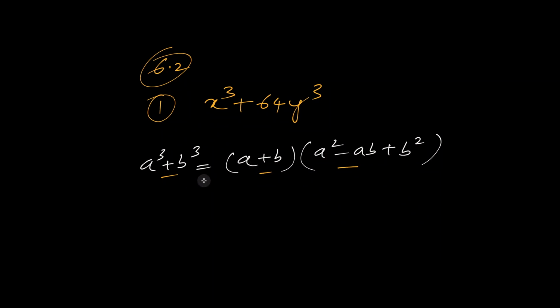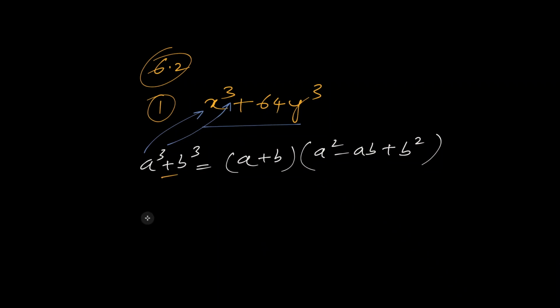And now we are going to find what is a and what is b. Now we are going to compare. First, we have to bring the question in the form of a cube plus b cube. Here we can easily correlate a as x, and this is where the cube is, plus sign, but we don't know what is b cube.